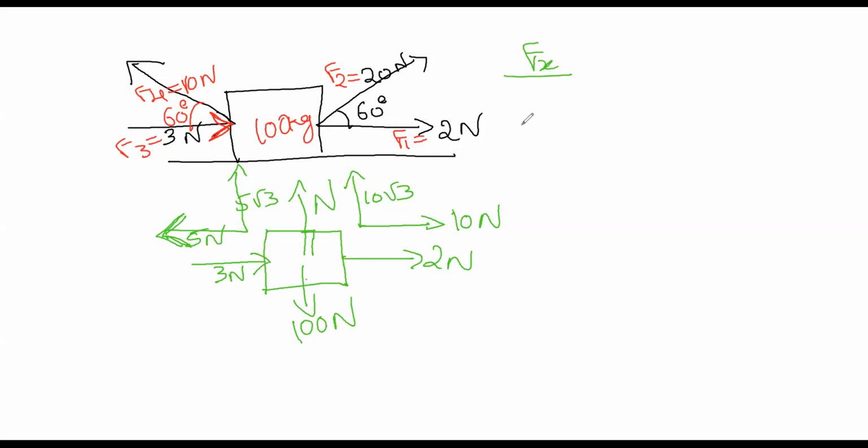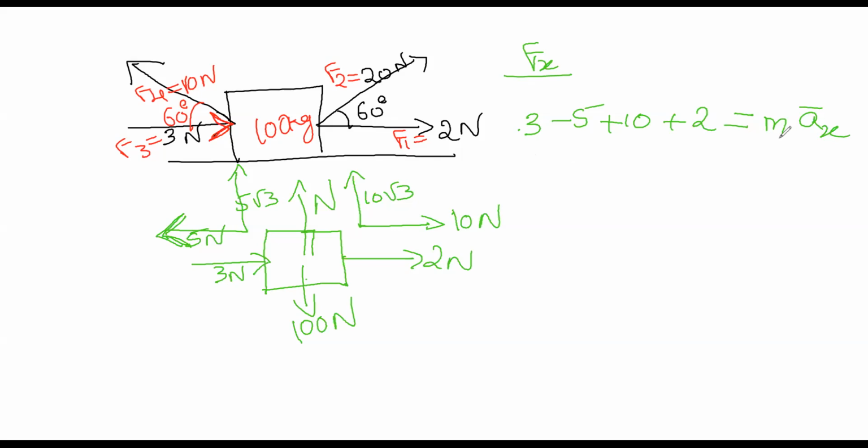3 Newton, 5 Newton, 10 Newton, and 2 Newton. But will 5 Newton be negative? Yeah, because it's in opposite direction. So 3 Newton minus 5 Newton plus 10 Newton plus 2 Newton. This is the Fx, right? Which equals, directly here only we can write mass of the body into acceleration. And in many cases you have to find only this acceleration.